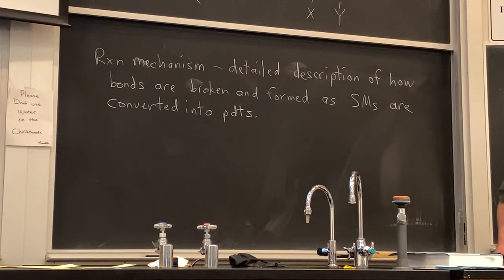So, describing the process of how the starting materials are converted into products, which bonds are broken, how are they broken, which new bonds are formed, how are they formed, that is a reaction mechanism. And we'll start learning reaction mechanisms in our next chapter.